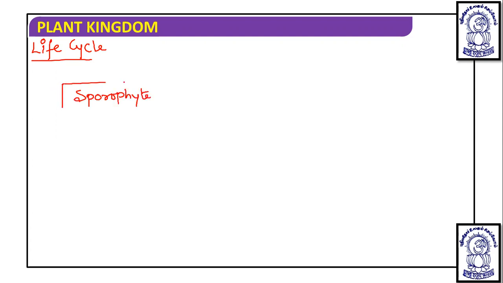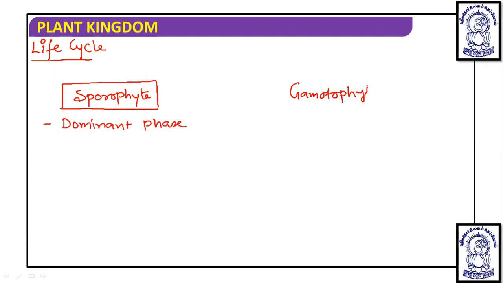The sporophyte is the dominant phase in the life cycle of pteridophyte, and the other phase is known as gametophyte, and this gametophyte is the dependent, recessive phase, we can say.